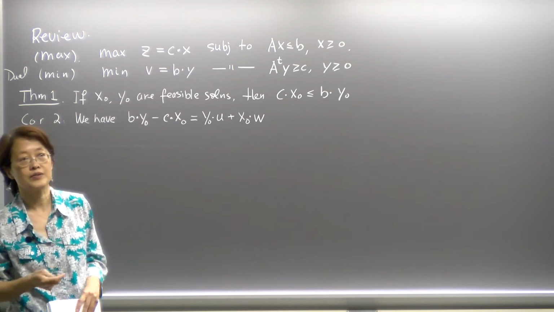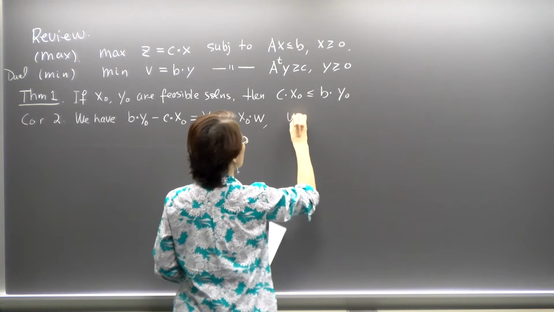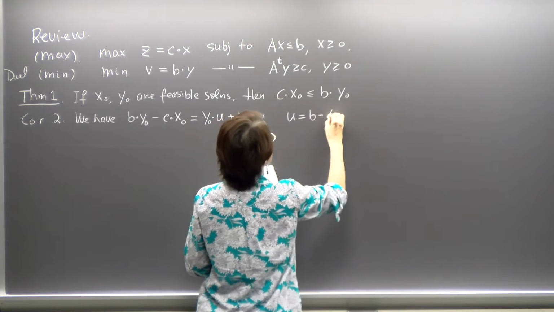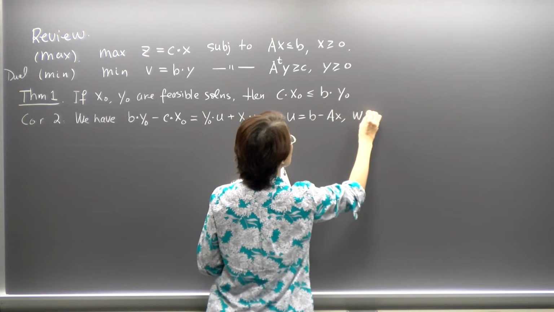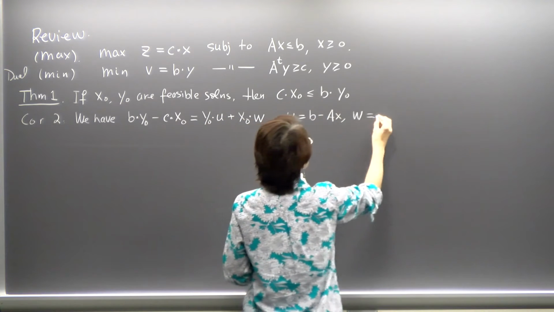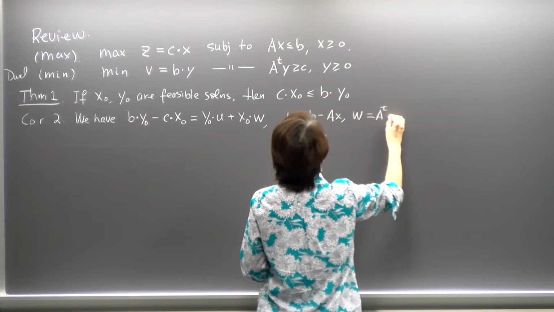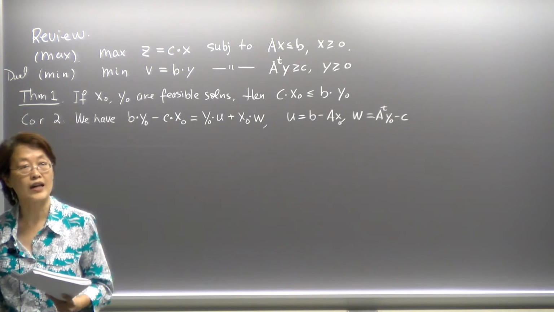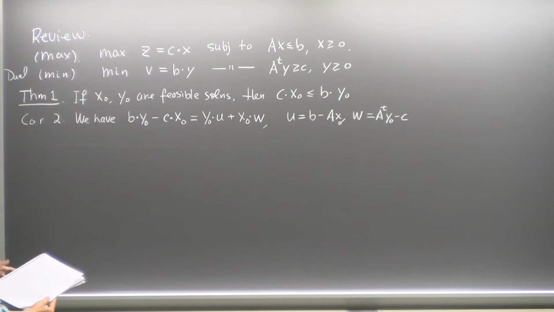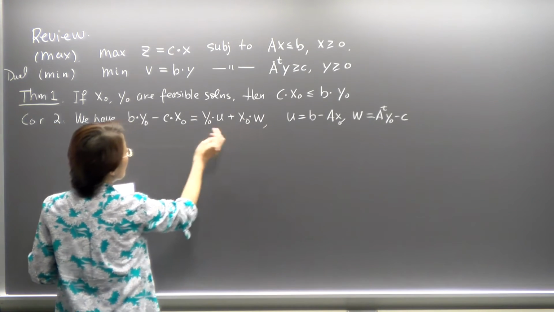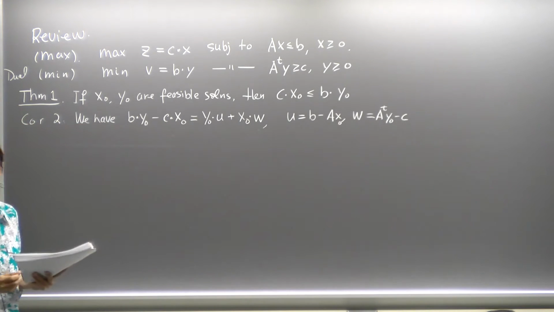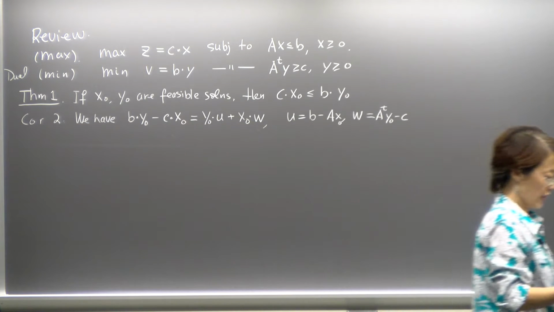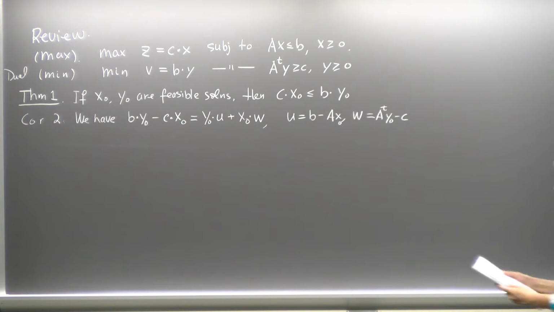So let's call this w, okay? Where u is the slack for the first, so it's b minus Ax0, and w is the slack for the second one, which is A transpose y0 minus c. So those are the two slacks, okay? And the inner products of these add up to give you the difference between the two objectives, right? So that was proved together in the proof of theorem 1, if you remember.